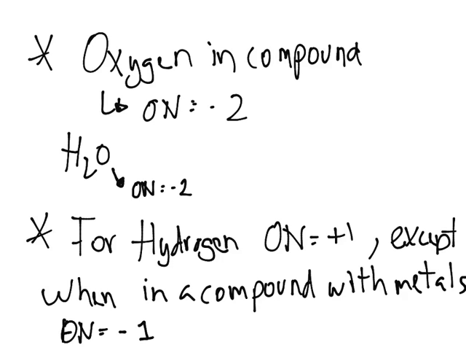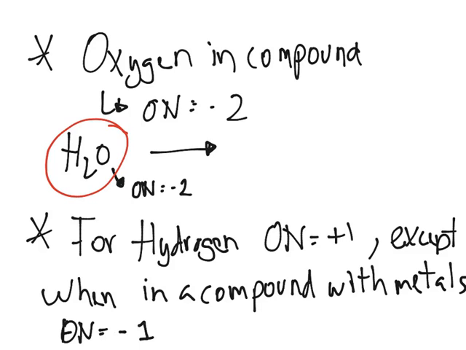So actually, let's try H2O. Because this whole molecule of water doesn't have a charge, its oxidation number will be equal to 0. To determine the oxidation number of a compound or molecule, you separate it into a kind of equation. For water, we don't really have to do that because we know the oxidation numbers for hydrogen and oxygen.